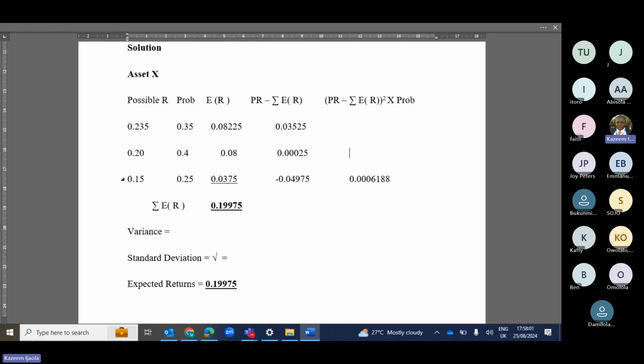I got 0.0000..., 1, 2, 3, 4, 5, 6, 7, 8, 2, 5.